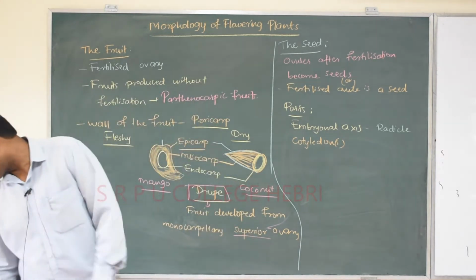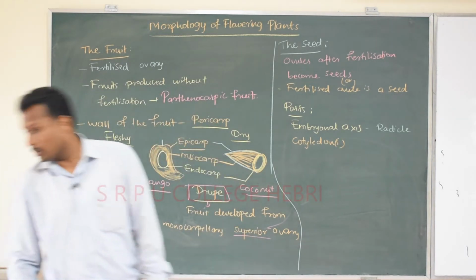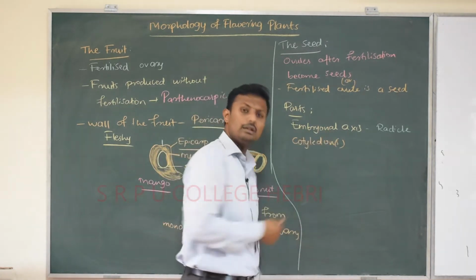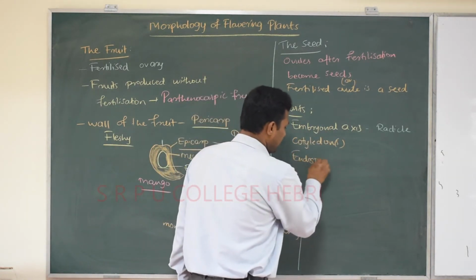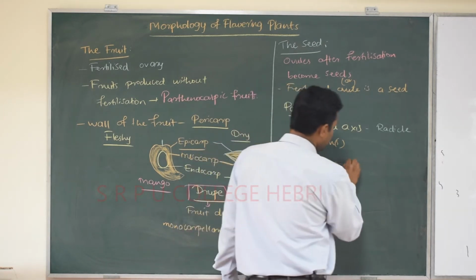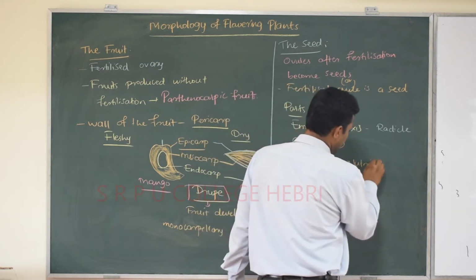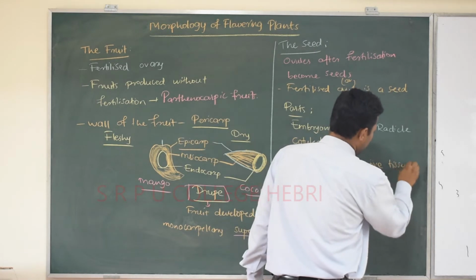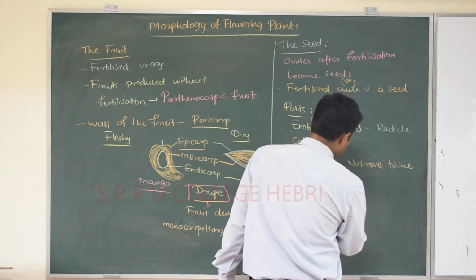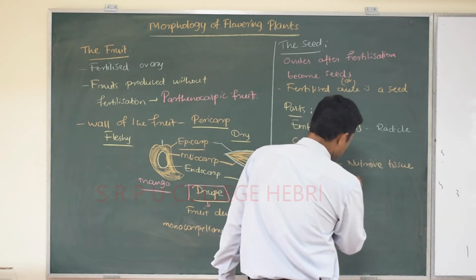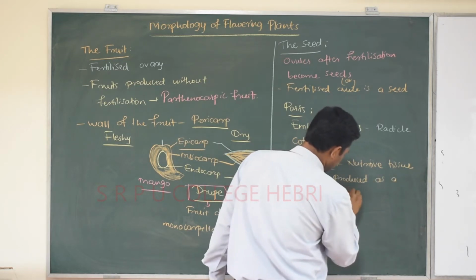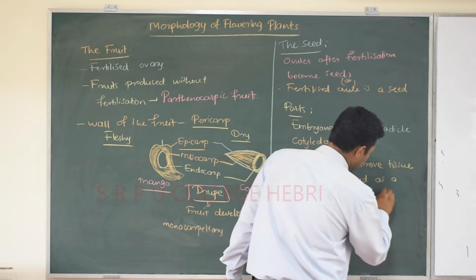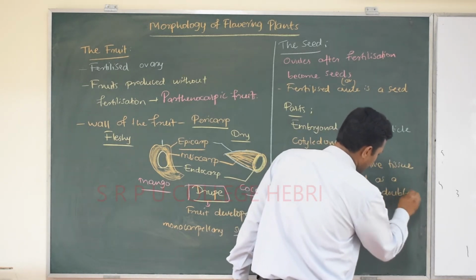And apart from that, there will be also the endosperm. The endosperm is a nutritive tissue produced as a result of double fertilization.